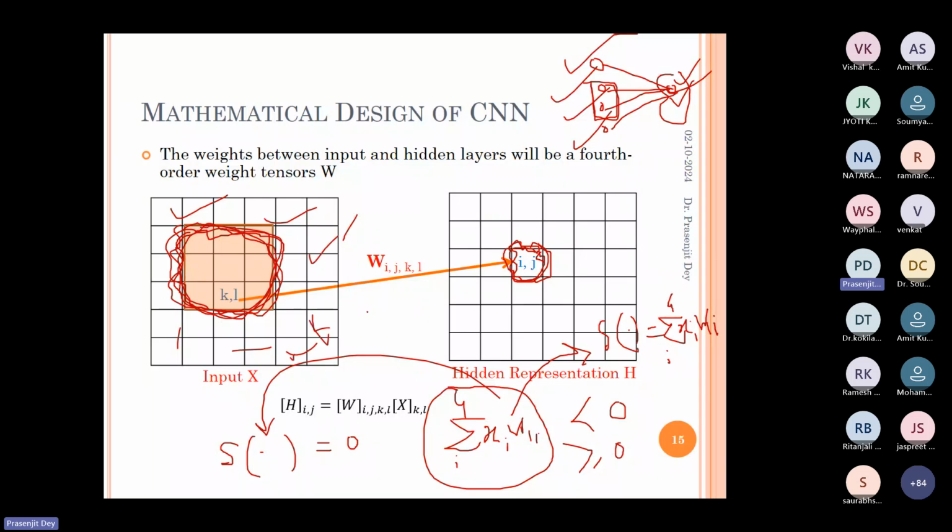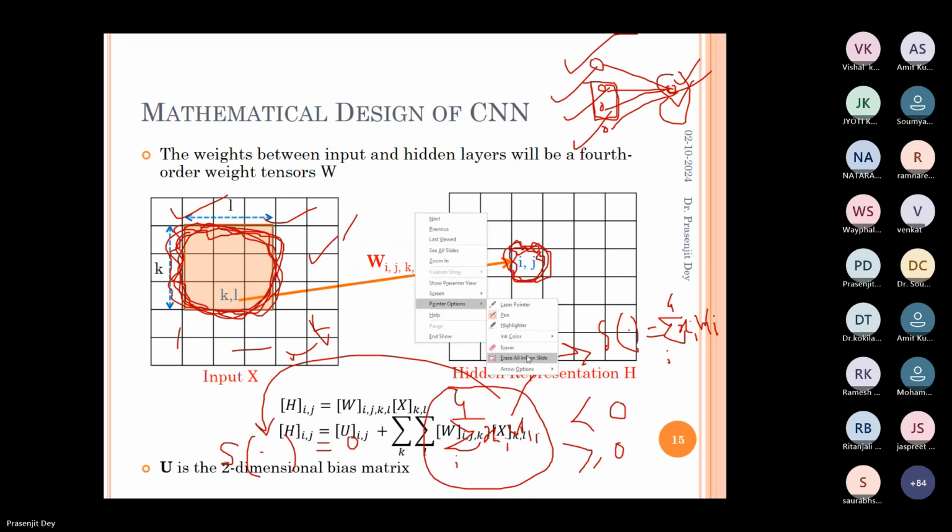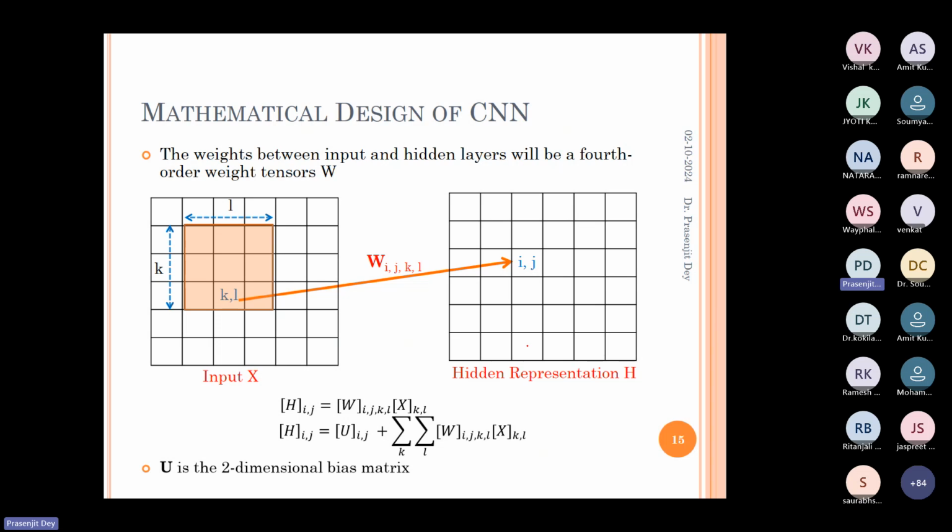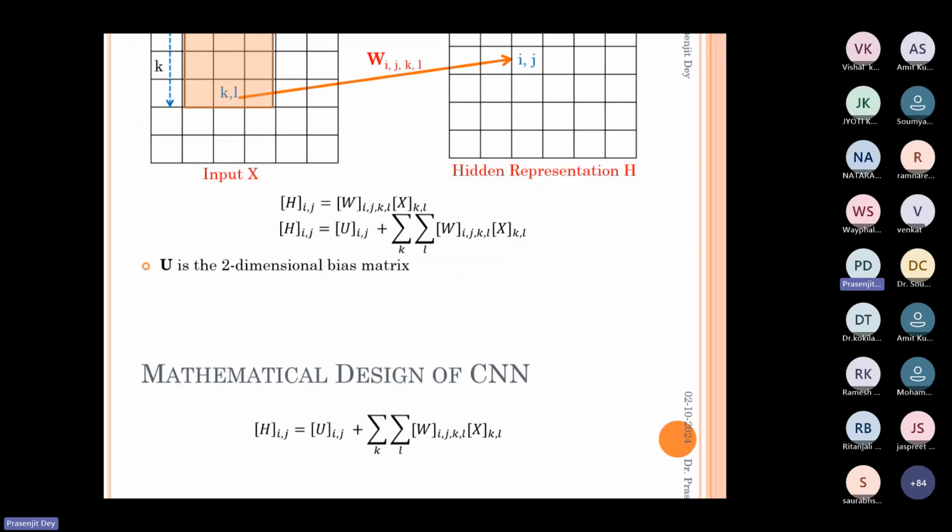That is the point of view of a convolutional neural network: the locality principle. For computation of any hidden node value, I am not going to consider all the input node values. Rather, I am going to consider a fixed set of inputs within this range.